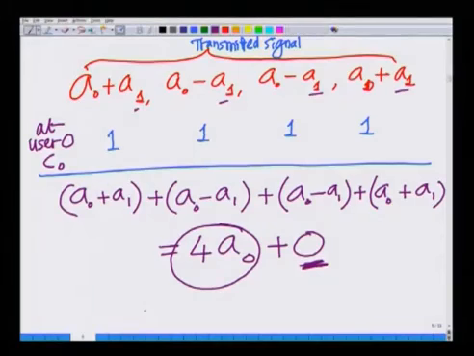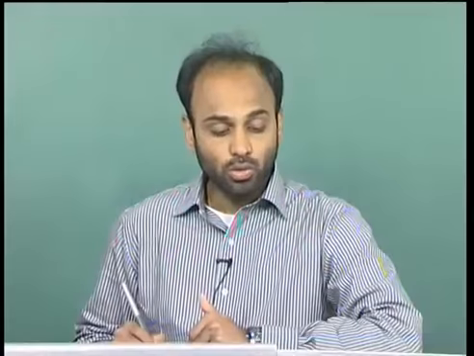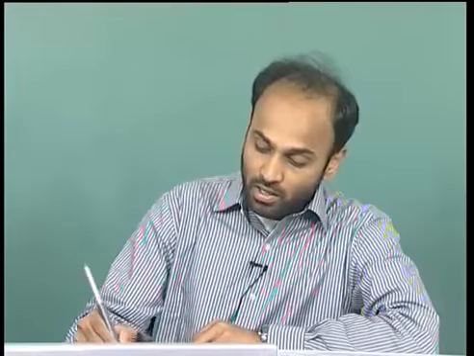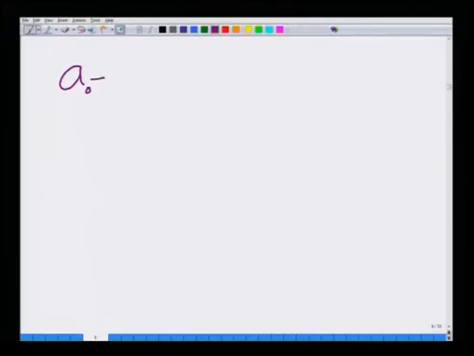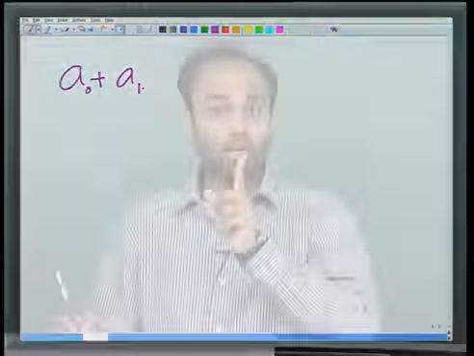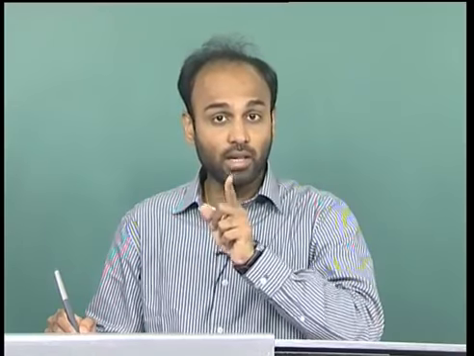Now let me illustrate what can be done at user 1. Let me take the same signal that is transmitted over the air. Remember, there is only one channel, so you can transmit only one signal, that is the key. I cannot transmit two independent signals for A0 and A1 at the same time and in the same frequency band.